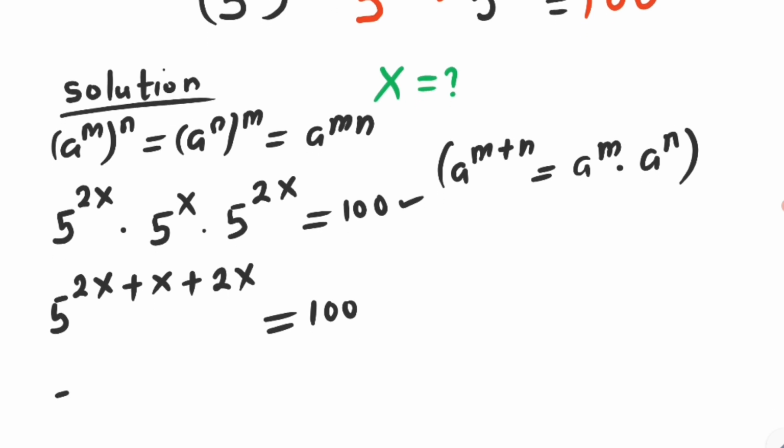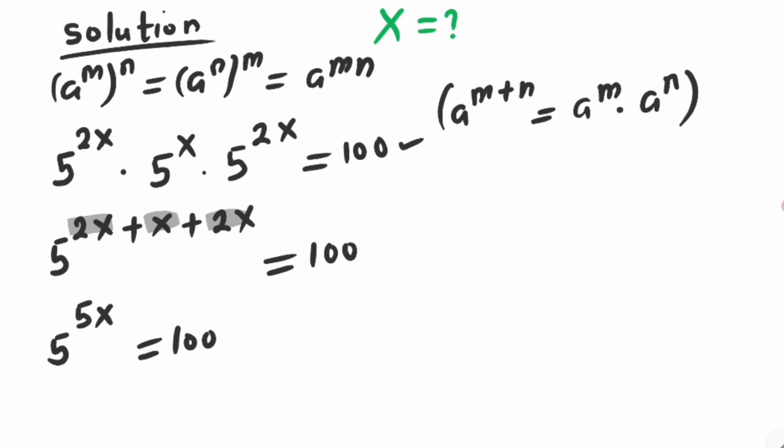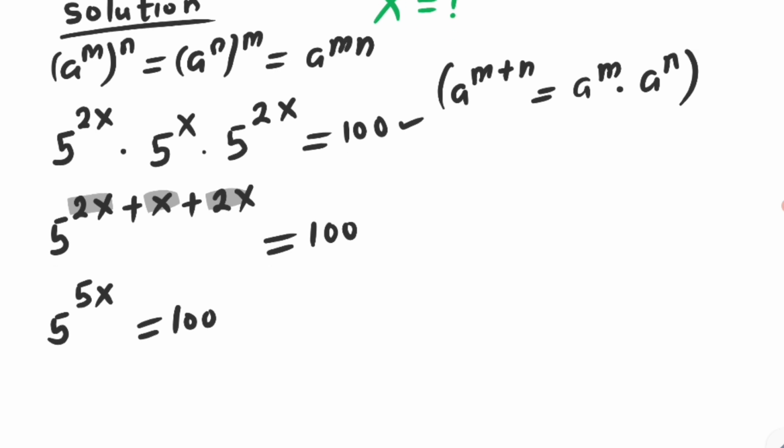Now this is 5 raised to power, if you have 2x plus x, that is 3x, plus 2x, that is 5x, is equal to 100. Now let us take the log on both sides of this equation.